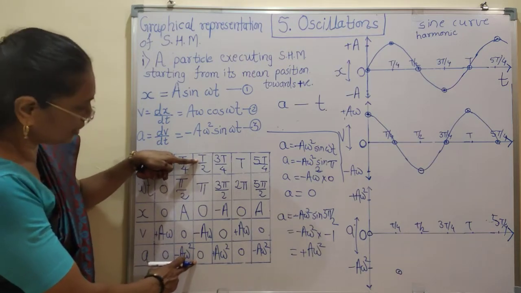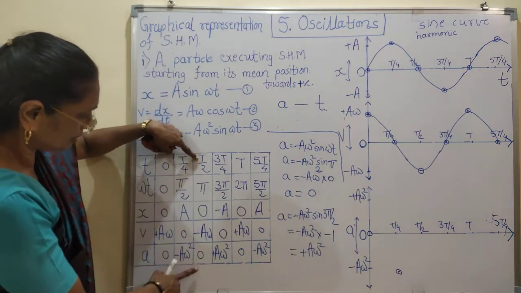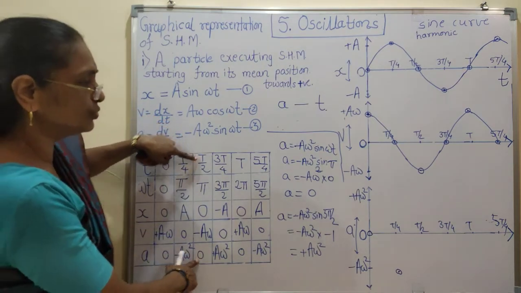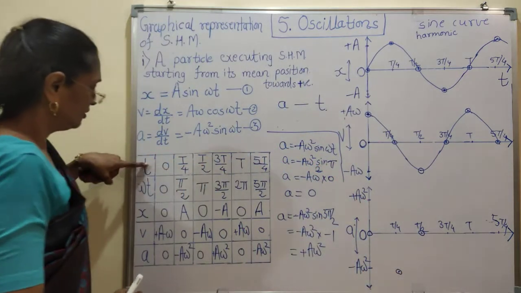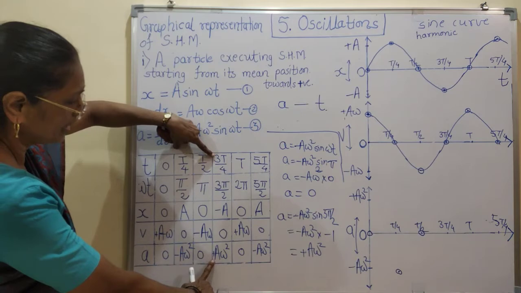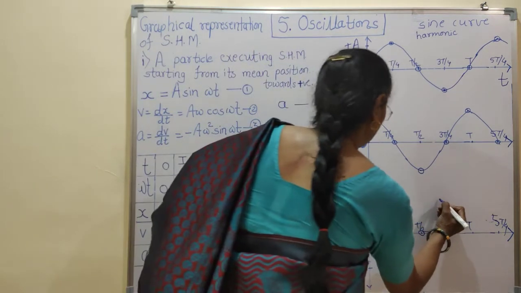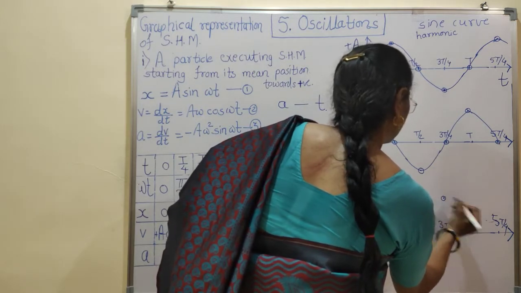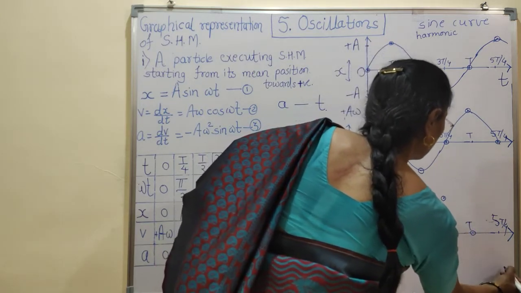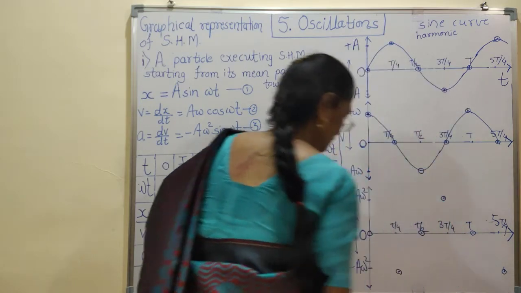Try to observe the values; here I have shown by my fingers. Here for t equal to T by 2, acceleration is 0. Then for t equal to 3T by 4, acceleration is positive maximum, which can be shown like this. Then 0, by cyclic order, we can show the values like this.